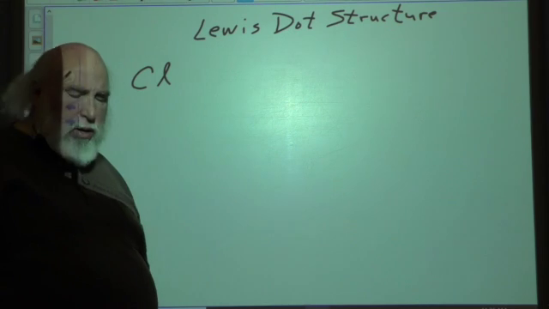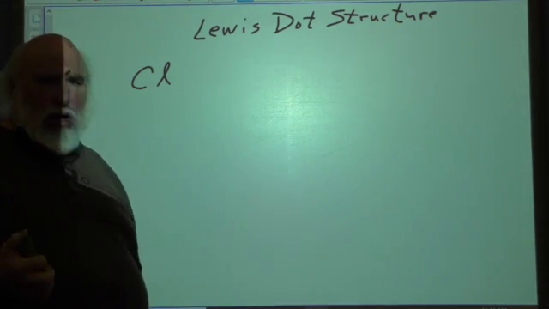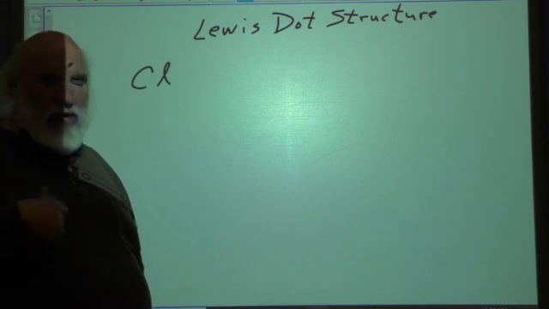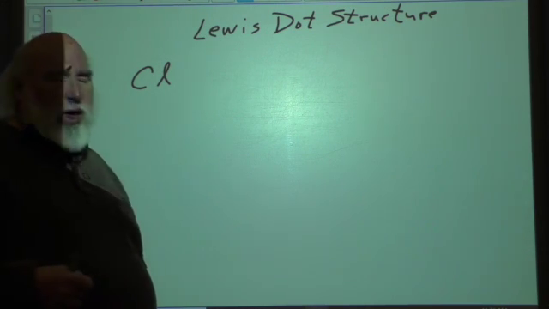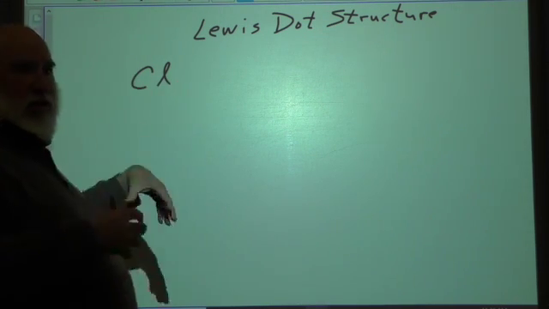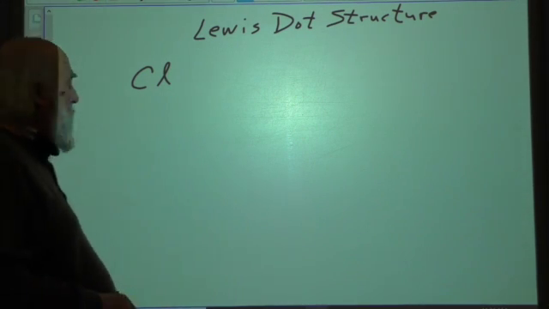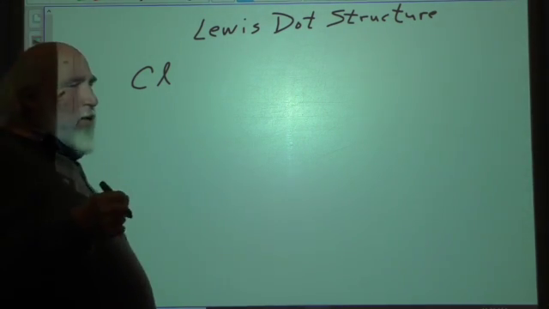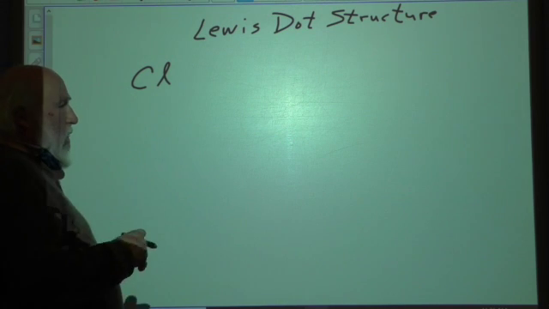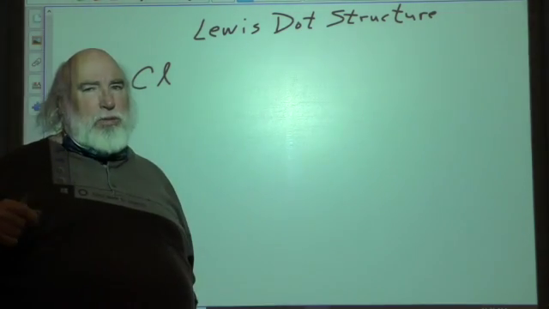Now, when Lewis developed the system of showing electrons in the outermost level, the valence level, he used the symbol as the nucleus, if you will, in which the electrons would be scattered around. And he went 1 electron at a time. So if you take a look at chlorine on your periodic chart, it's in group 7A.